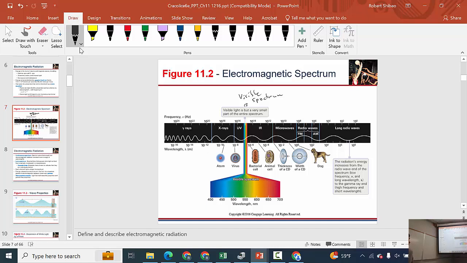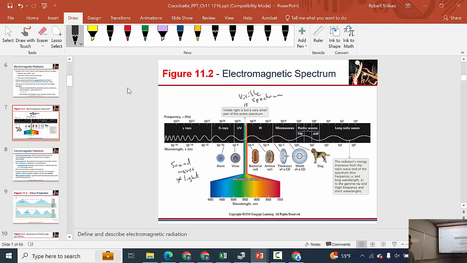How about sound waves? Are sound waves light? It turns out sound waves aren't light. Sound behaves differently. And sound waves are not considered light. And electromagnetic radiation is considered light.